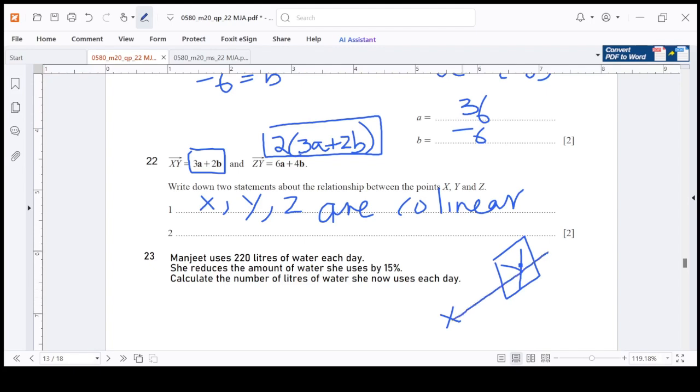They have to be collinear, they have to lie on the same line. Also, we know their relationship: you can write zy is 2 times xy. So these are the two facts about the points x, y, and z.